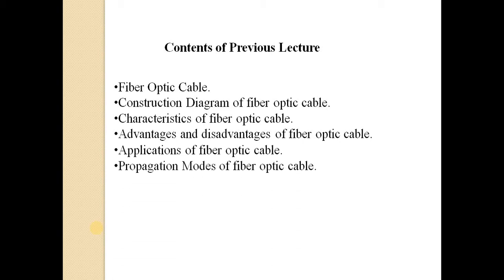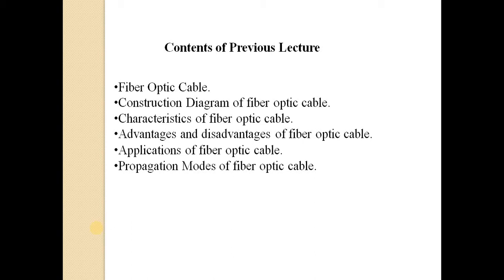Next point is the propagation modes of fiber optic cable. Propagation modes means an optical fiber guides the light waves in a distinct pattern called a mode, and mode describes the distribution of light energy across the fiber. In fiber optics terminology, the word mode simply means a path.